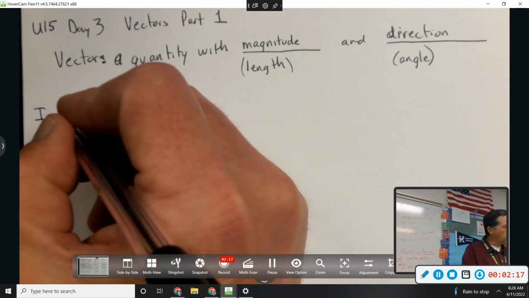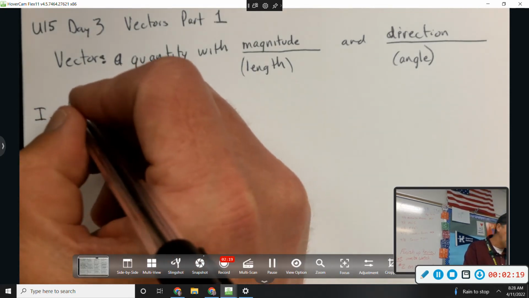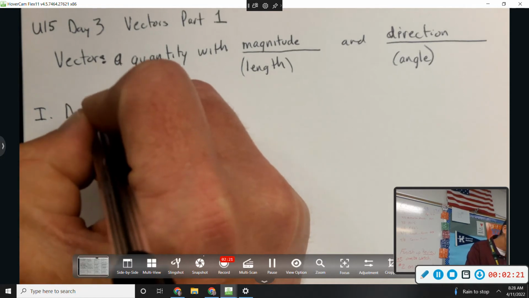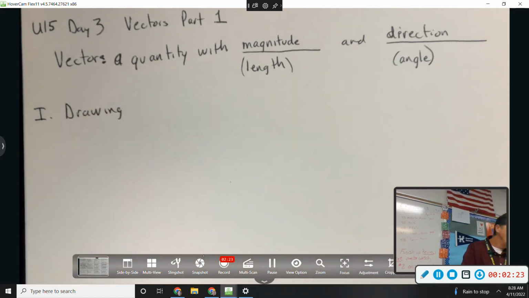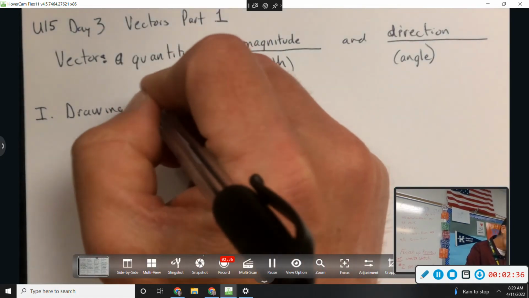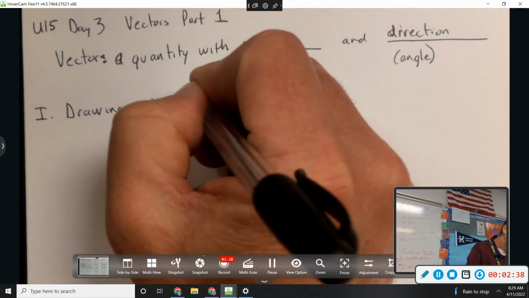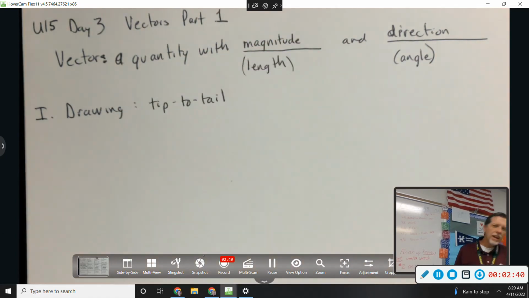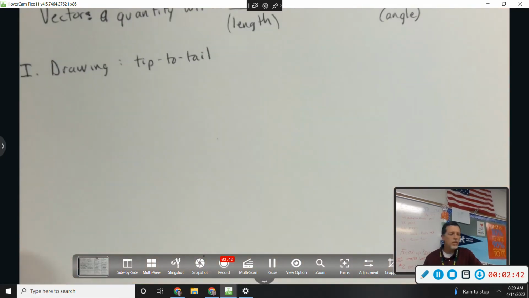All right, we're going to do a little bit of drawing and a little bit of algebra. So the first part is drawing these. Physics, did you draw vectors in physics? Okay, it's the same way, although it's a little bit easier in here. It's still the same process, I guess, concept, tip to tail.